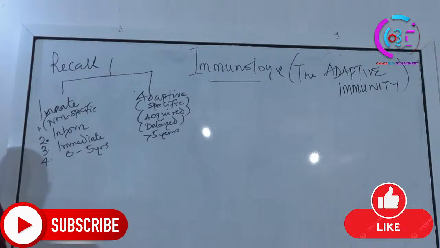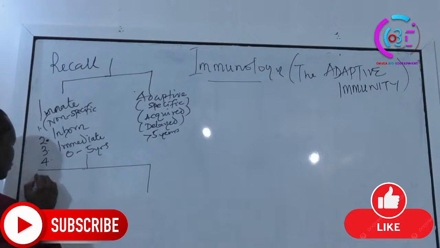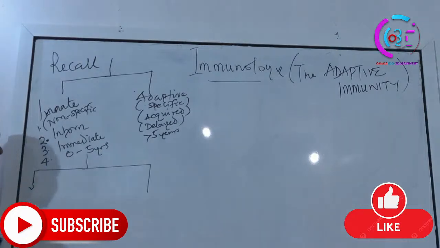We have also gone so far in talking about different components of the innate immune system, different cellular components, where we particularly talked about physical barriers.